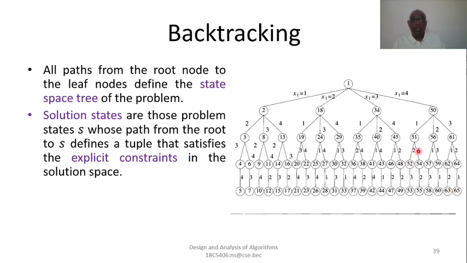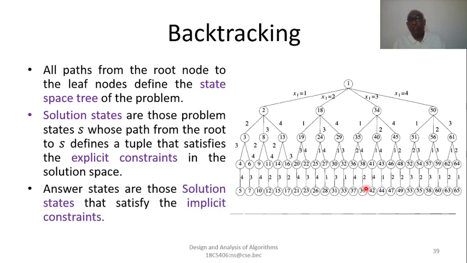In this configuration of the four queens problem, it so happens that the leaf nodes represent the solution states because the solution represented by the leaf node satisfies the explicit constraints. The solution is an n tuple, or a four tuple in case of the four queen problem, which should give the values for x1, x2, x3, x4. So it's only the leaf node that will have the values for all the four variables x1, x2, x3 and x4, and hence they qualify to be the solution states.